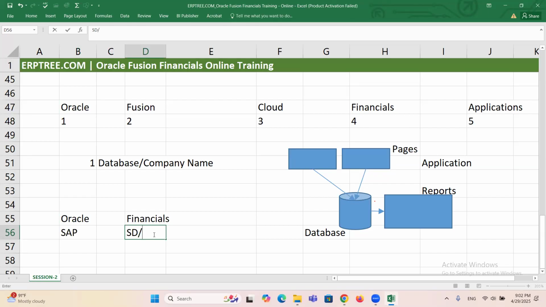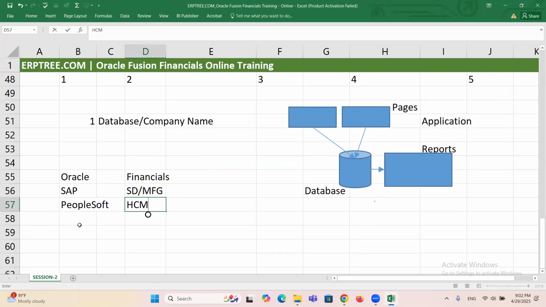And also manufacturing is good. And from PeopleSoft, the HCM solution is very famous. From Hyperion, reporting, planning, budgeting solutions are also great.